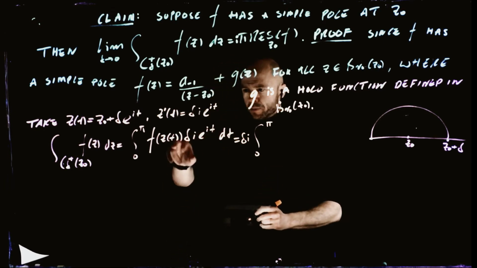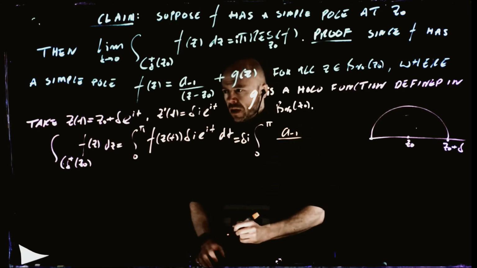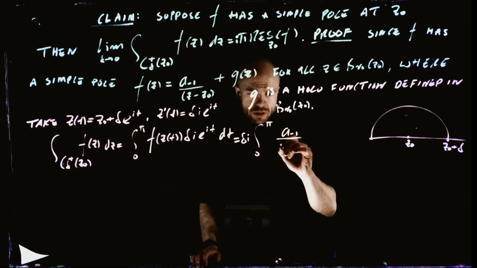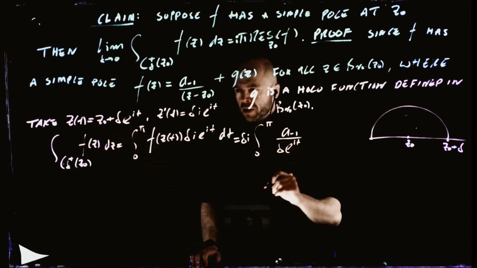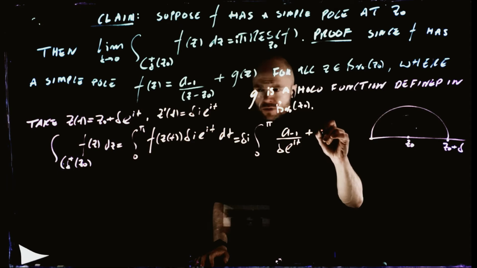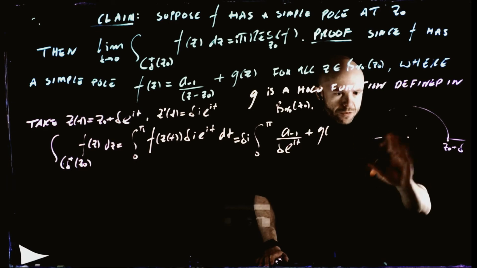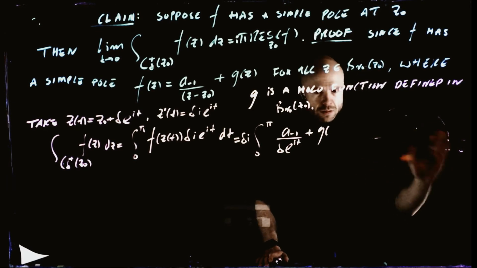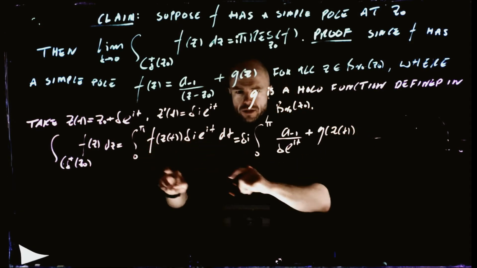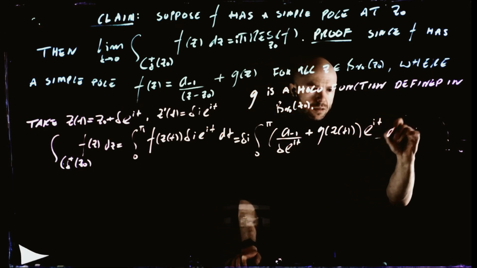So then if we explicitly put this thing in, then we are going to have a to the minus 1. And this is our parameterization, right? So when we take z of t and subtract z0, then we're just going to have delta e to the it on the bottom here. And then we're just going to have g, and this guy I'm not going to write out in terms of explicit form because I don't need it. Just put this as g of z of t, and all of this stuff therefore is multiplied by e to the it dt.